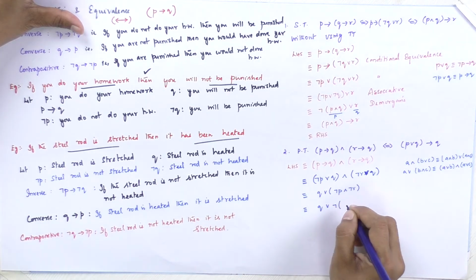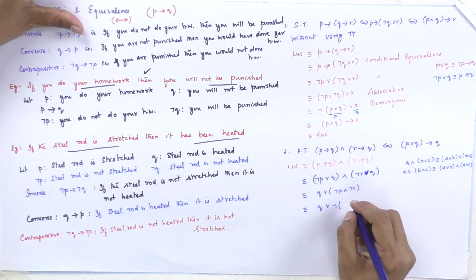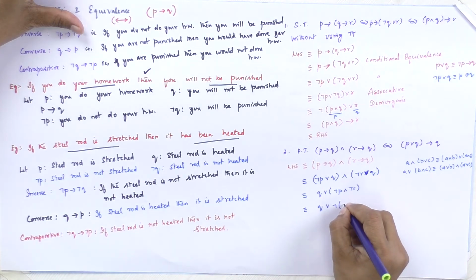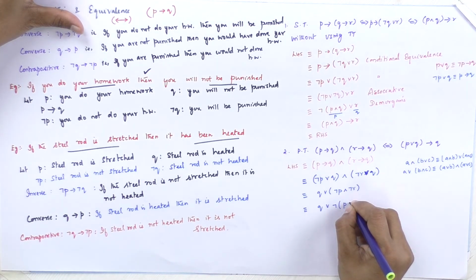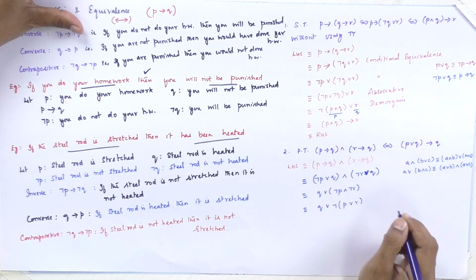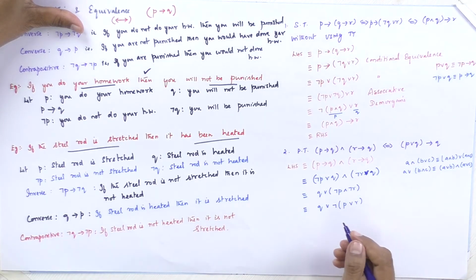If I take negate outside, I get P or R, right? P or R I am getting here.